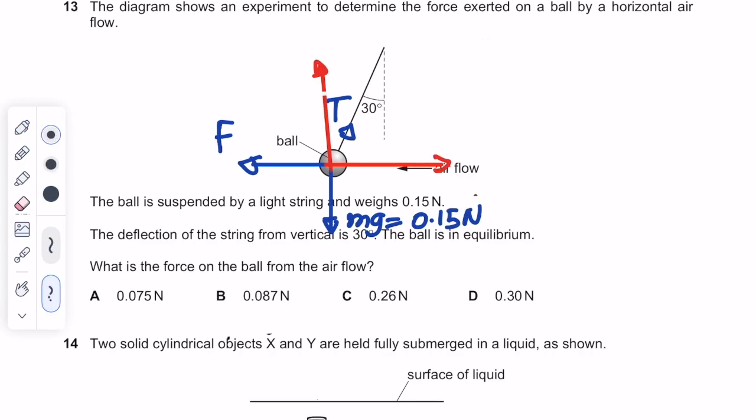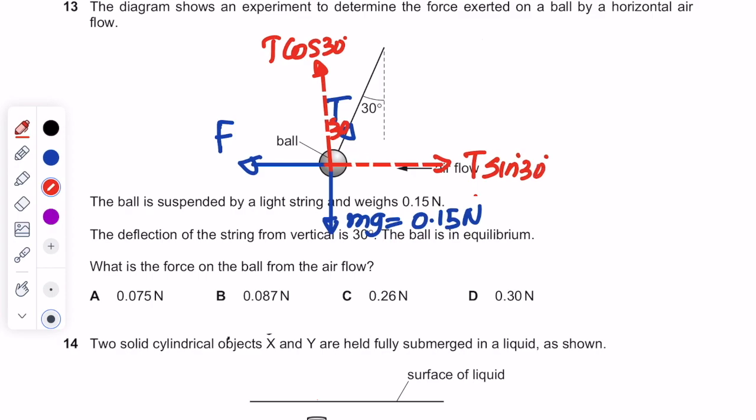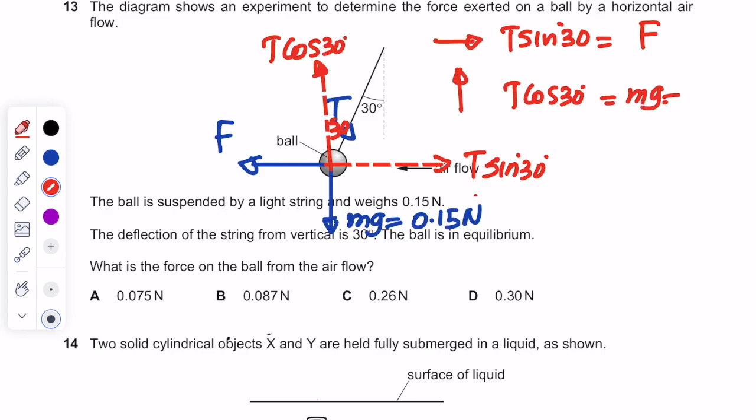We can resolve this tension into two parts. If this is 30, this will be T cosine 30. Horizontally, it will be T sine 30. So for equilibrium, horizontally, I can write T sine 30 must be equal to F. Vertically, T cosine 30 should balance the weight of the ball, or you can write it is 0.15.